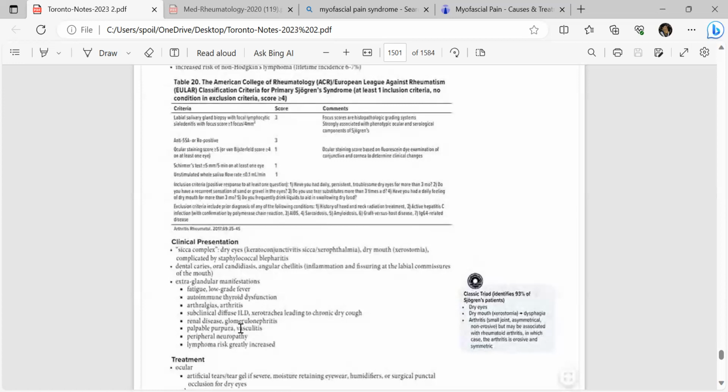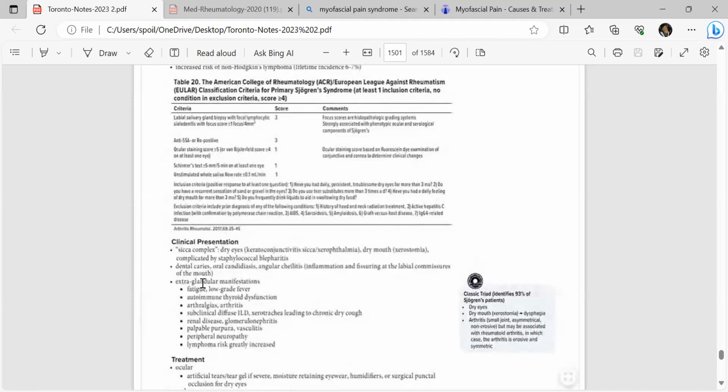Subclinical diffuse interstitial lung disease, xerotrachea leading to chronic dry cough, renal disease, glomerulonephritis.